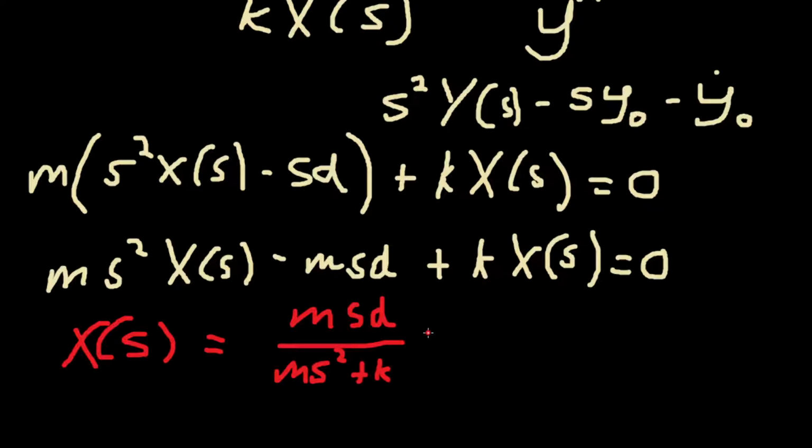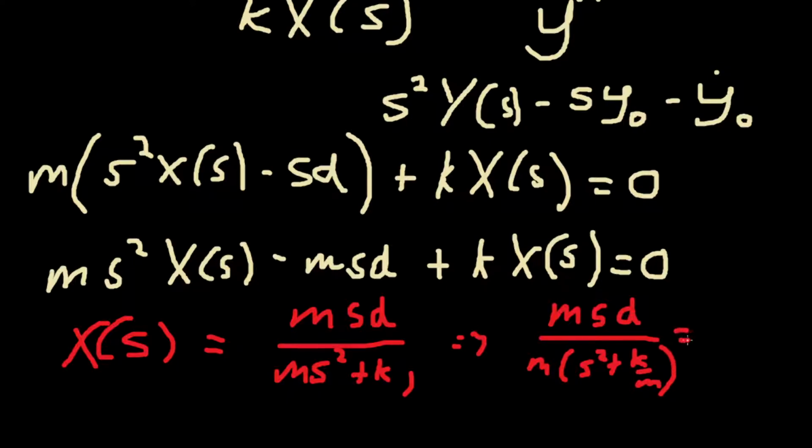Okay? Now, let's factor out an m from this bottom denominator here. We get msd over m s squared plus k over m, which is just sd over s squared plus k over m.